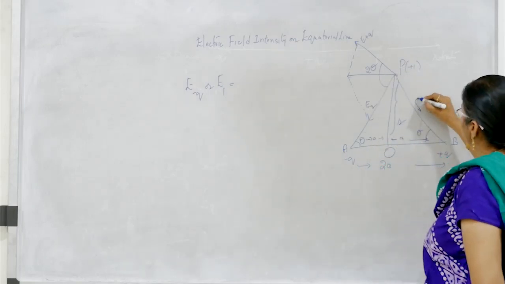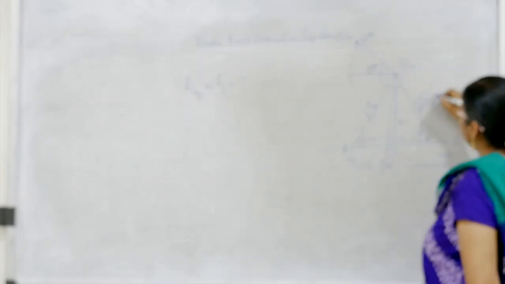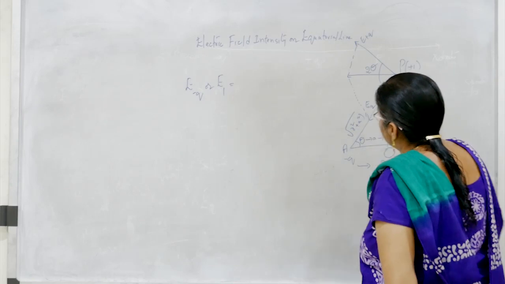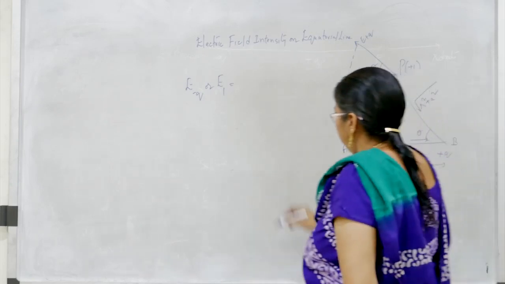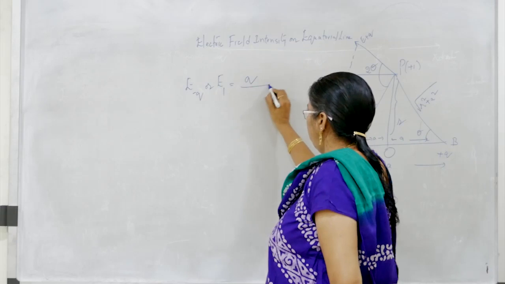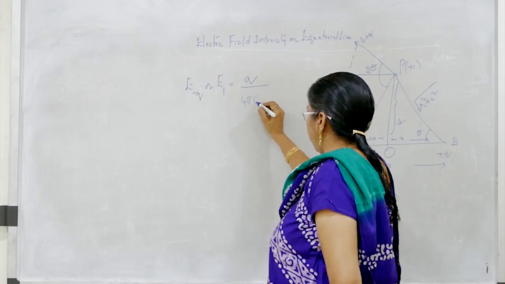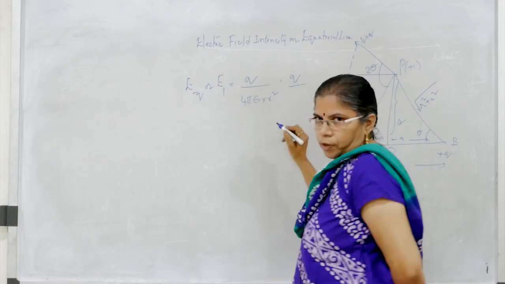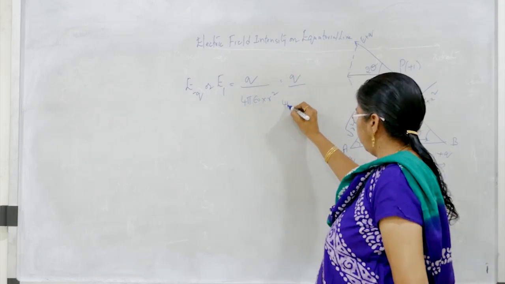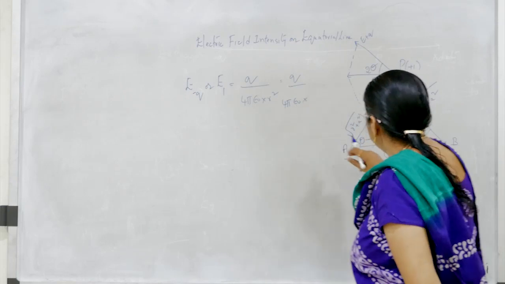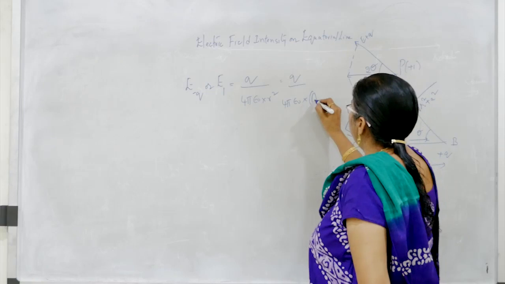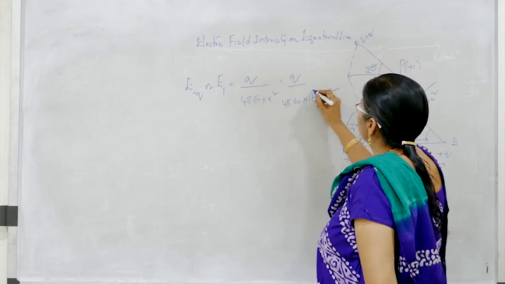This becomes root over r square plus a square, and this also becomes root over r square plus a square. I will be using the formula q upon 4 pi epsilon 0 into r square. So this is q by 4 pi epsilon 0 into AP whole square.